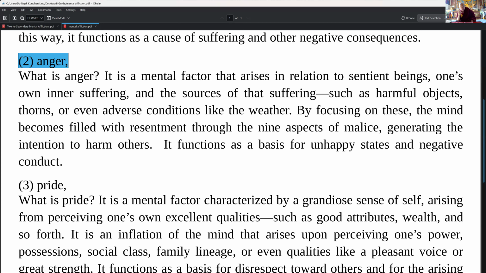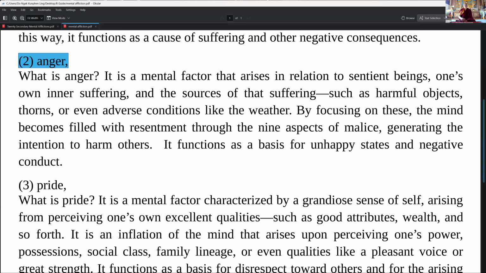That is how we think, the aspect of the thought, or the aspect of the anger. What are the 9? Here it talks about the 9 aspects of malice.